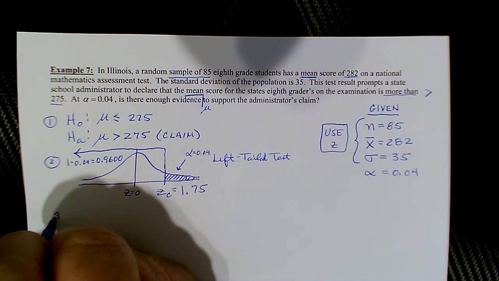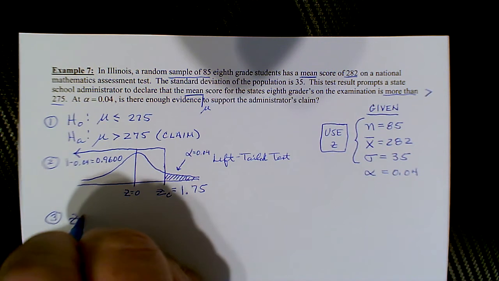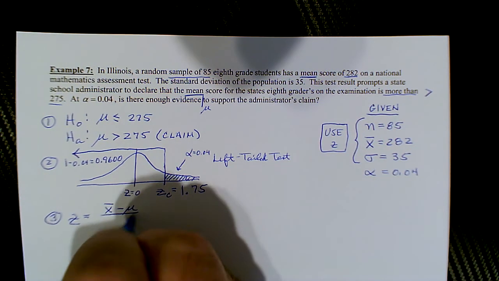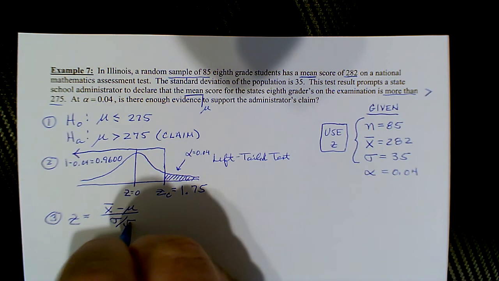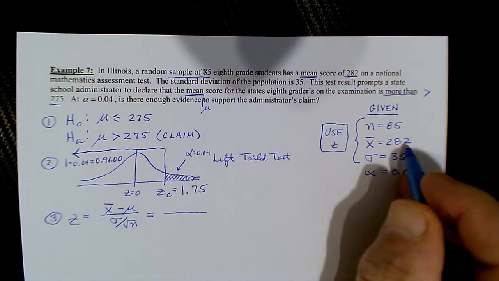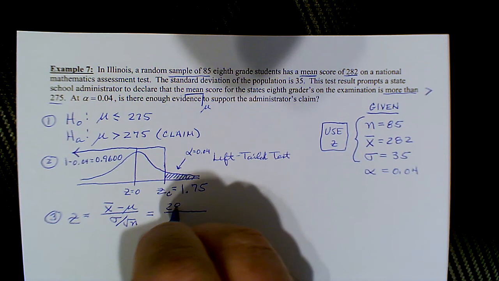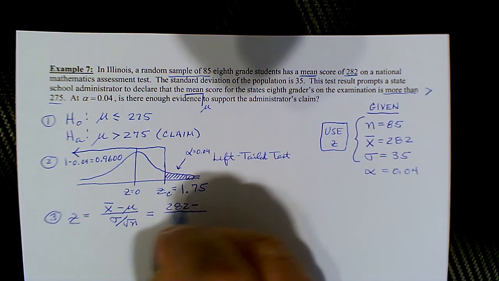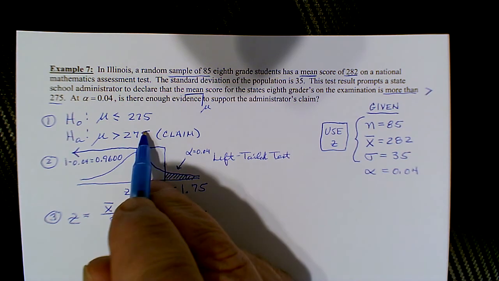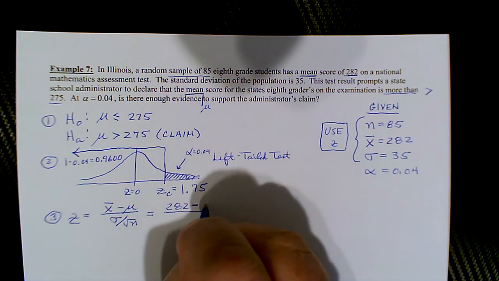Remember, always mu is the hypothesized population mean that is associated with the hypotheses. And so 275 in this case over sigma 35 divided by the square root of n, which in the given was 85. So that gives us a z-score of 1.84.